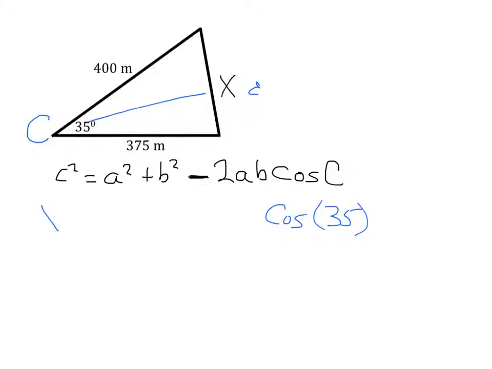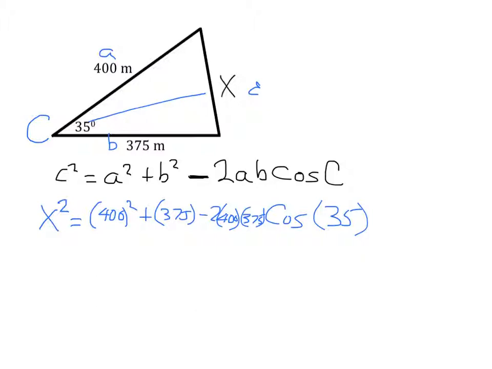So this is going to start with the side we're looking for, and then the rest just snaps into place. The a's and b's are just the other sides. This could be a and this could be b, and you just have to place the numbers into the formula and take a little time to figure it all out. And I just have enough room to squeeze that all in.